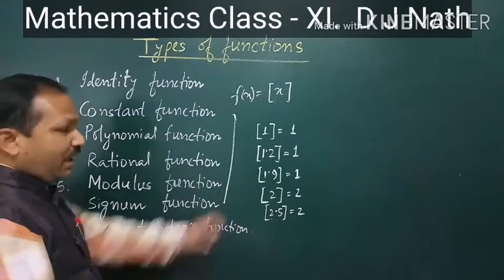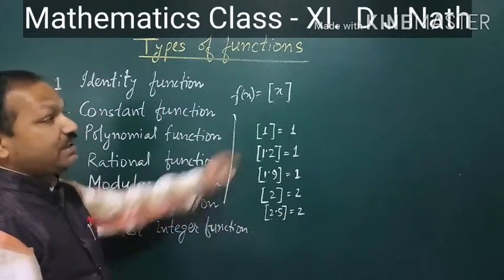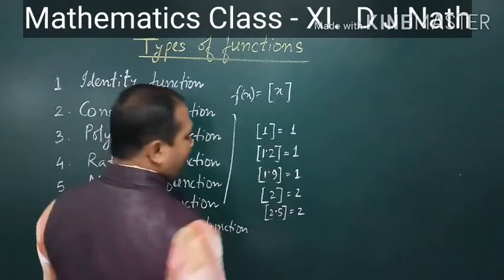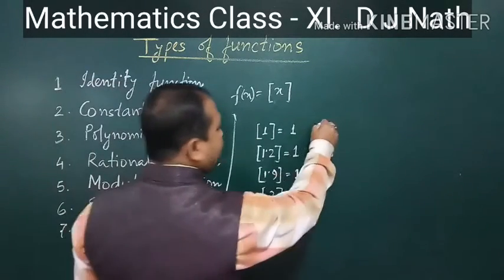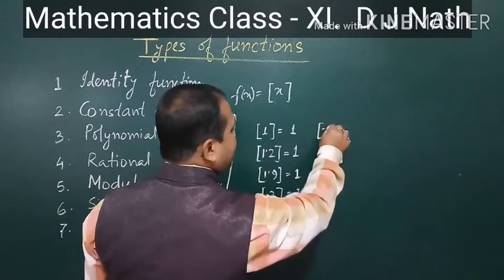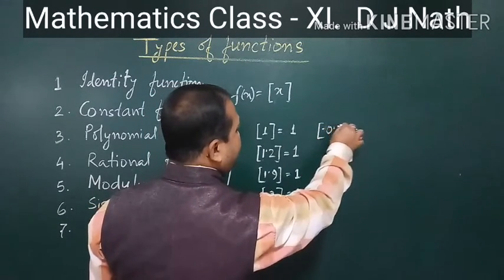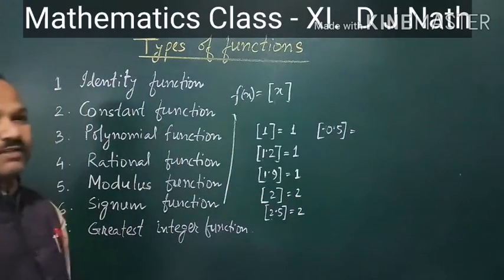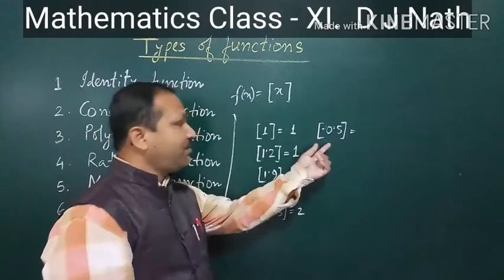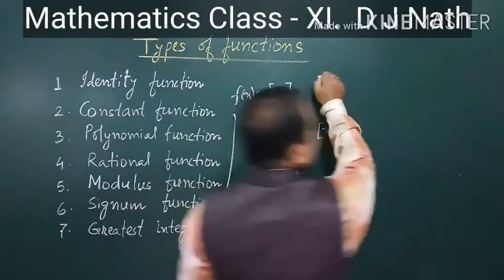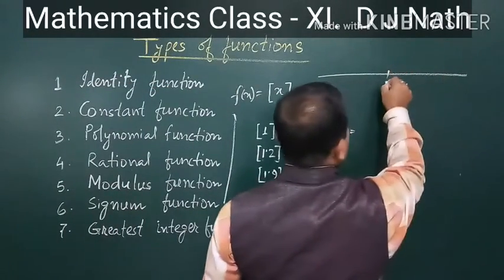Okay, now if it is negative, then what will happen? If we write minus 0.5, then what is the value of that? On the negative side, think of the number line.